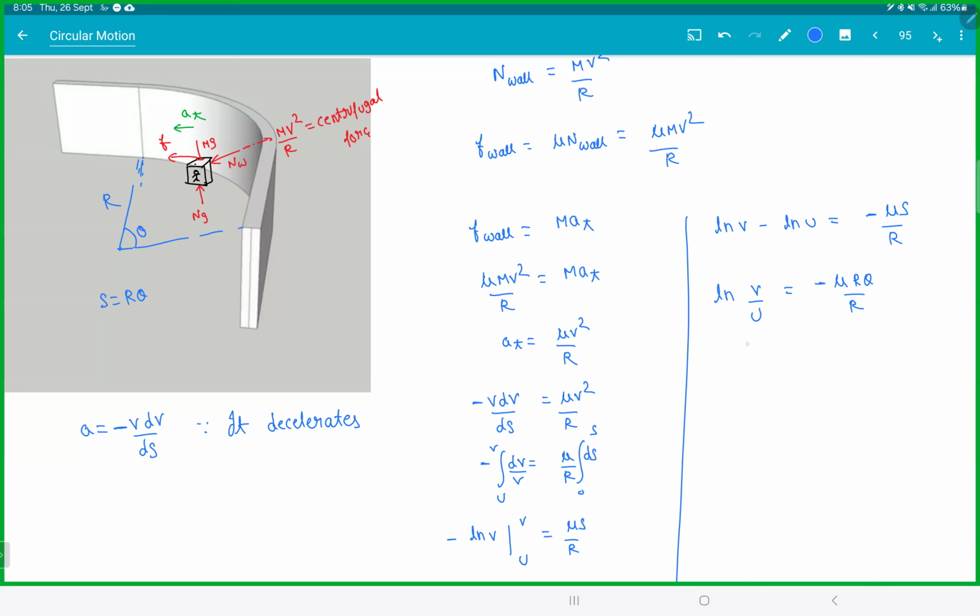R cancels off. You get V by U is equal to e power minus mu theta. V is equal to U into e power minus mu theta. This is your velocity as a function of angle.